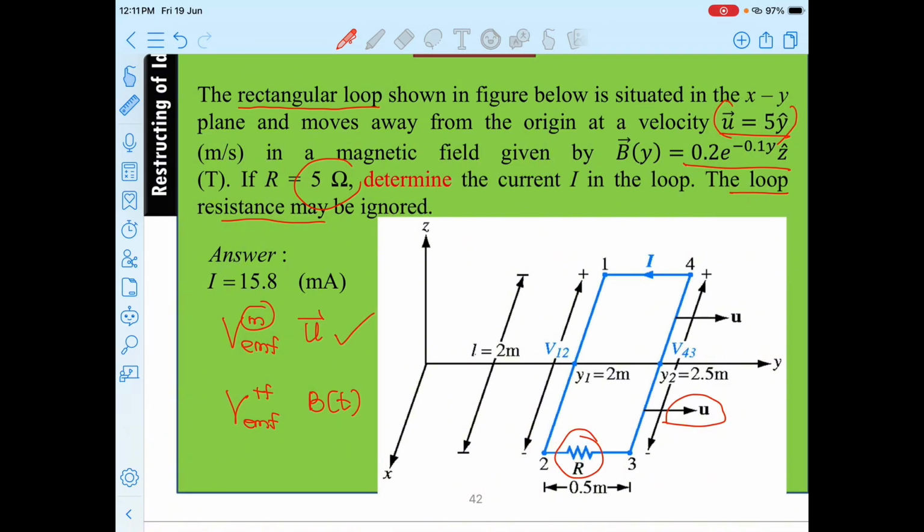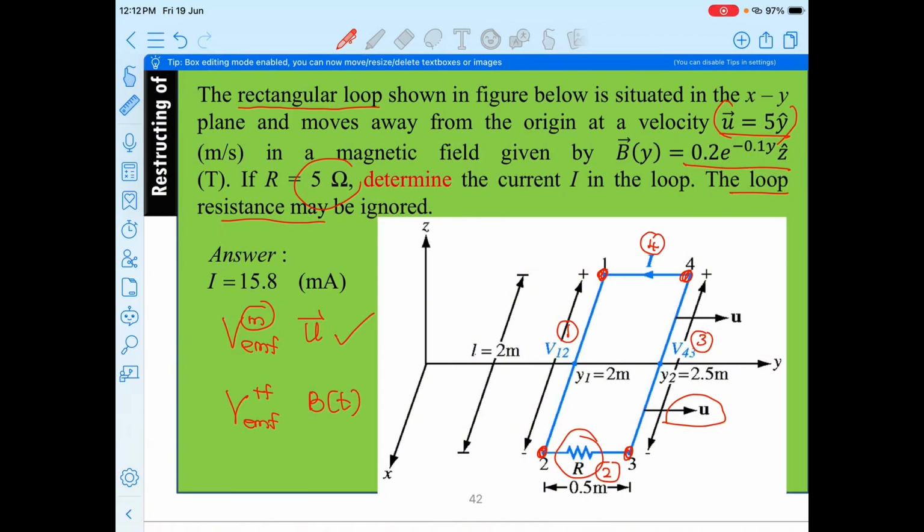Since this is a loop, we have 4 sections of wire. From 1 to 2 is one section, 2 to 3 is another, 3 to 4 another, and 4 to 1 another. So you have section 1, section 2, section 3, and section 4, four sections of wire that move together.